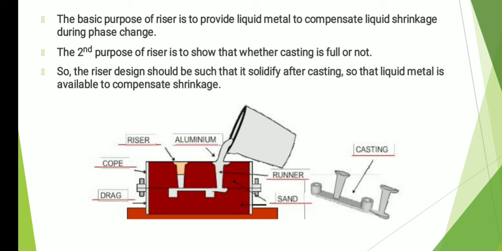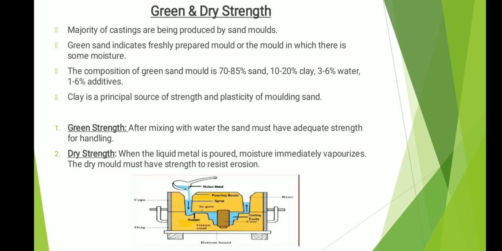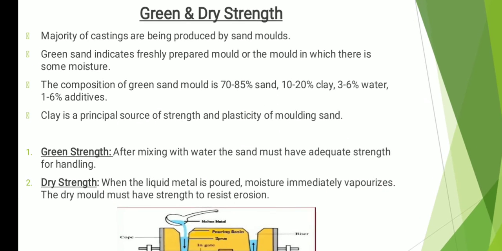Friends, let me tell you, this lecture is not from a GATE point of view. This is just a simple understanding about the riser, what a common mechanical engineering student should know about these things. Now let us move to our second topic, the second question asked, about the green strength and dry strength.